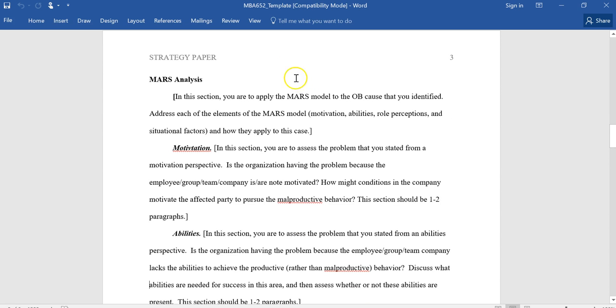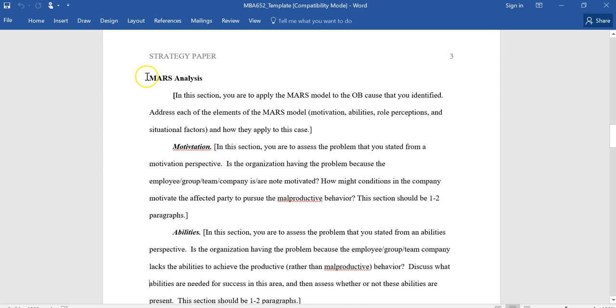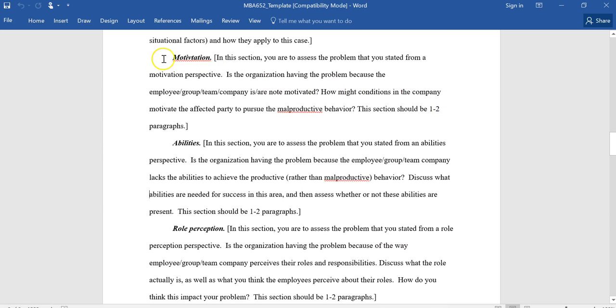And so what we're going to do in the next section, what you did is you did the intro to the Mars analysis, and then you talked about whether or not motivation was an issue. Well, in Mod 4, what we're going to talk about is the concept of abilities. What we're talking about with abilities is, first of all, did we train the employees?